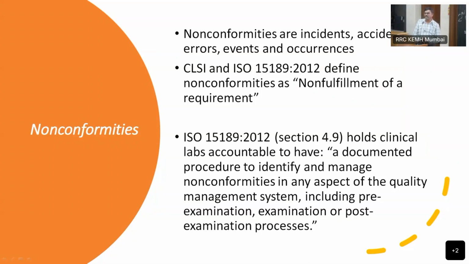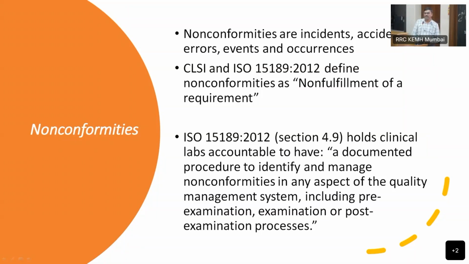An accident means it has happened, and the harm is obvious. Errors, you know. Events and occurrences have a slight difference. An occurrence is an unexpected thing which is not countable. An event means it happened and it is countable.